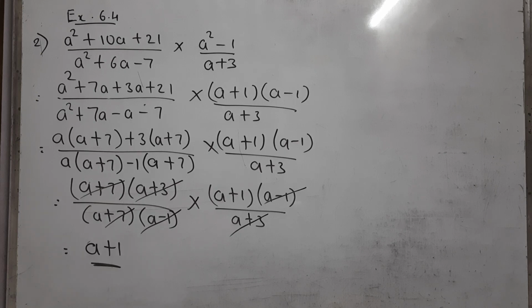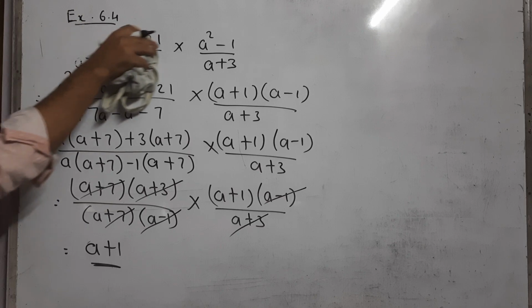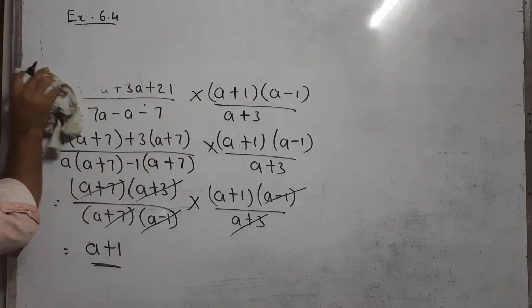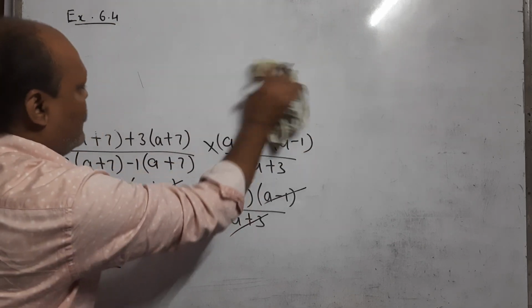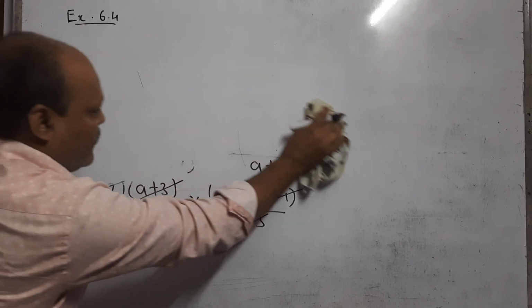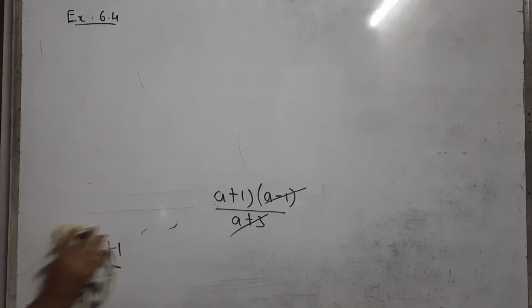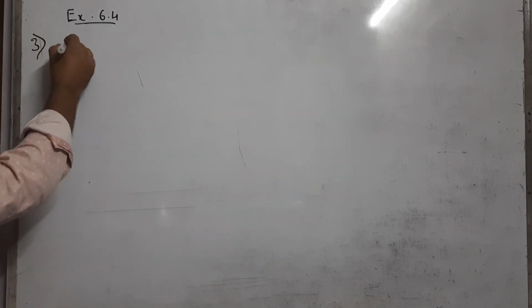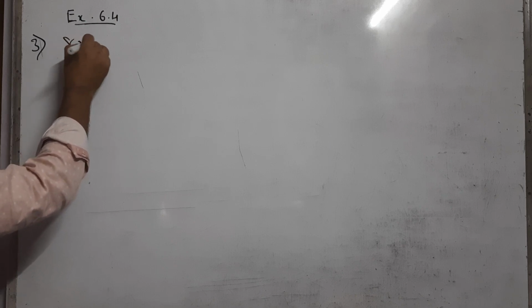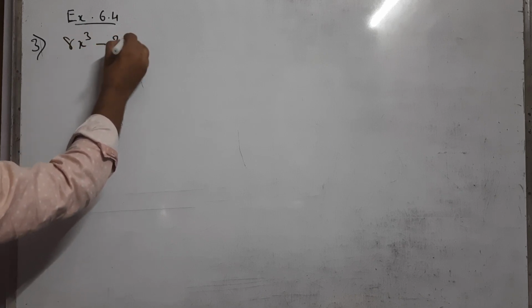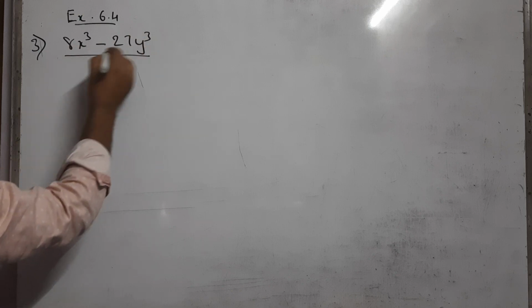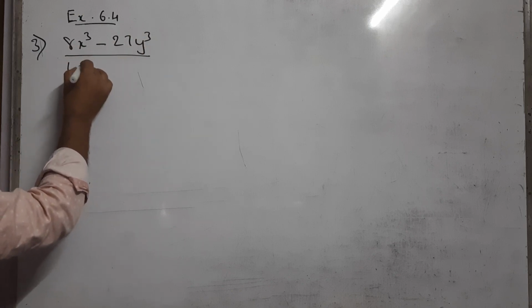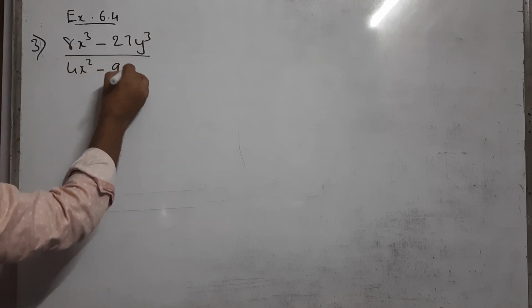Now we'll go for the third sum. 8x cube minus 27y cube over 4x square minus 9y square.